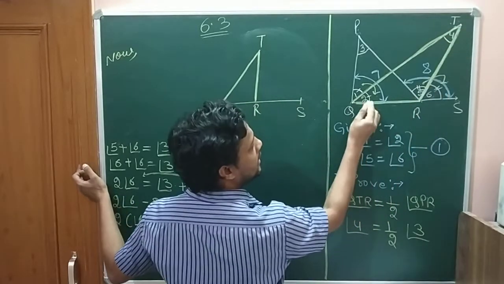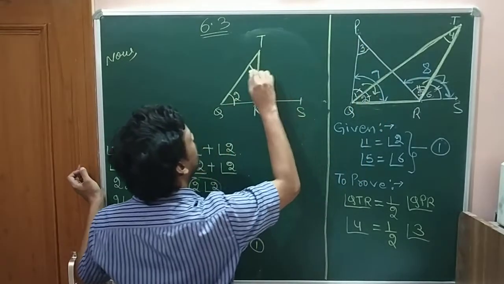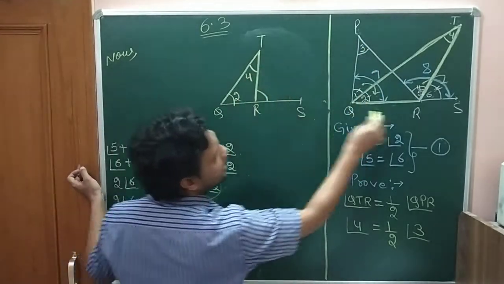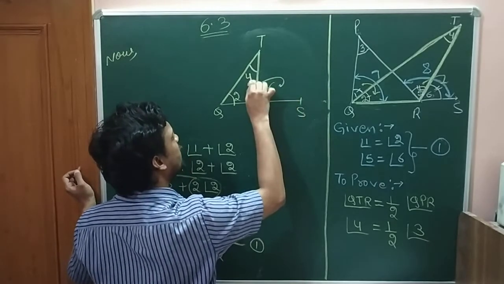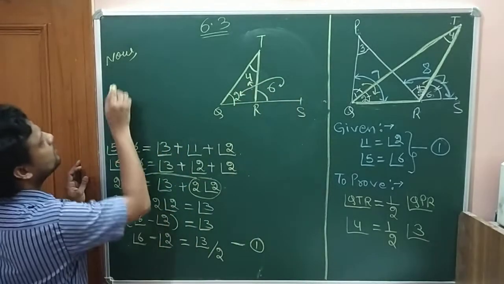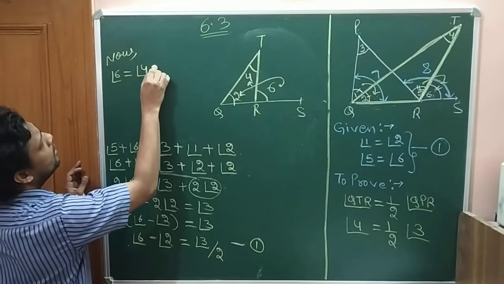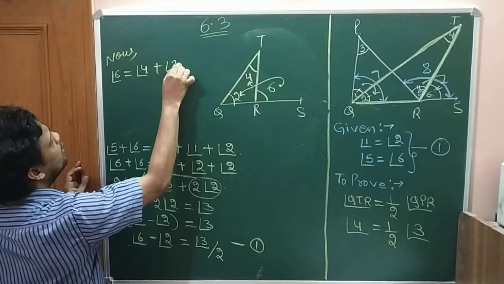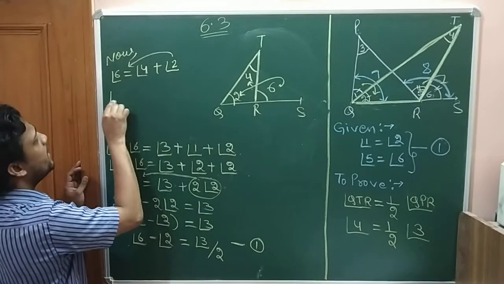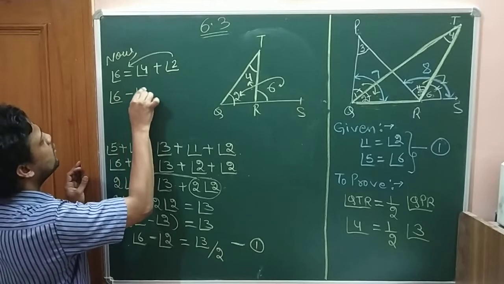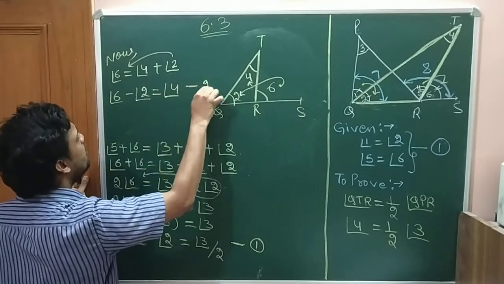There is angle 2, there is angle 4, and there is angle 6. Again by exterior angle property, angle 6 equals angle 4 plus angle 2. Transfer angle 2 to the left hand side, that becomes angle 6 minus angle 2 equals angle 4, which is equation number 2.